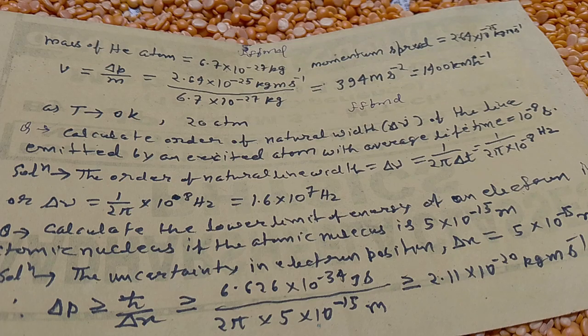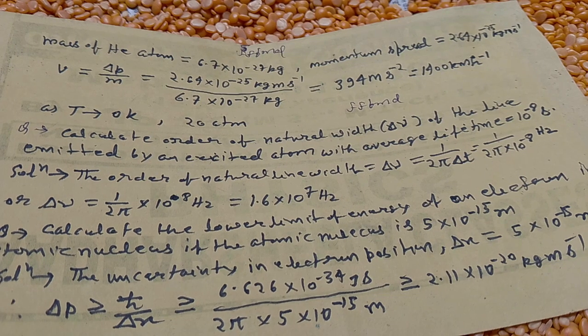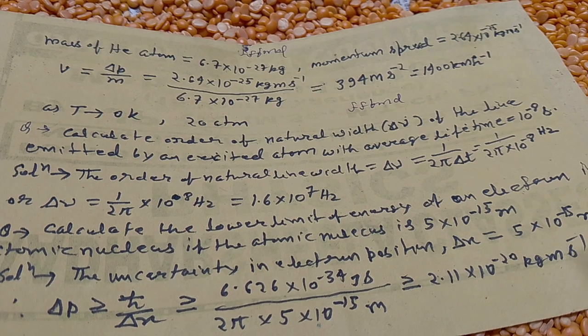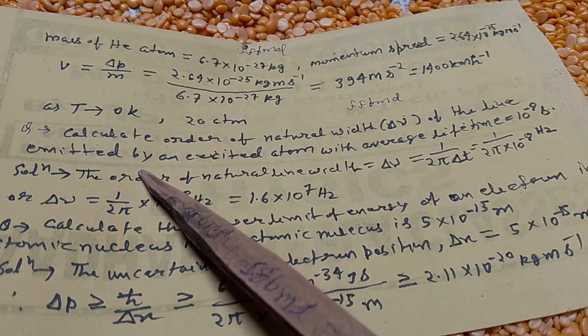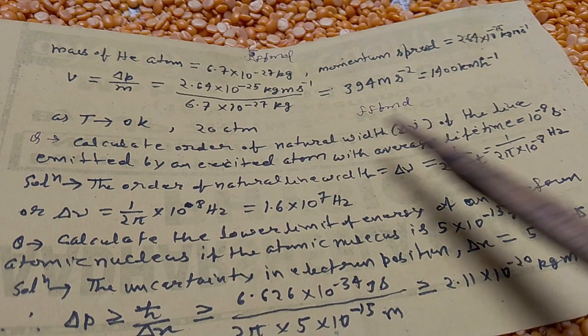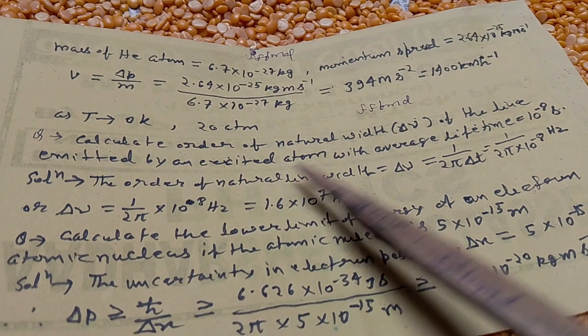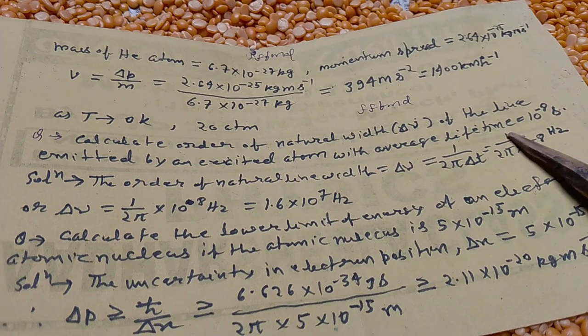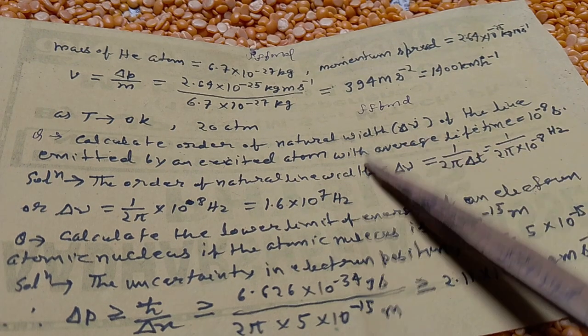In the previous chapter, we learned about the uncertainty principle. Now let us see this uncertainty principle with some examples. The first example is to calculate the order of natural width delta nu of the line emitted by an excited atom with average lifetime of 10 to the power minus 8 second.